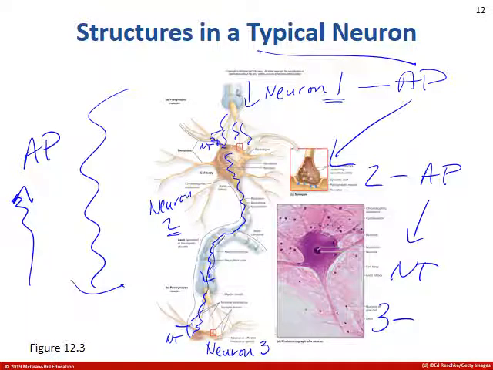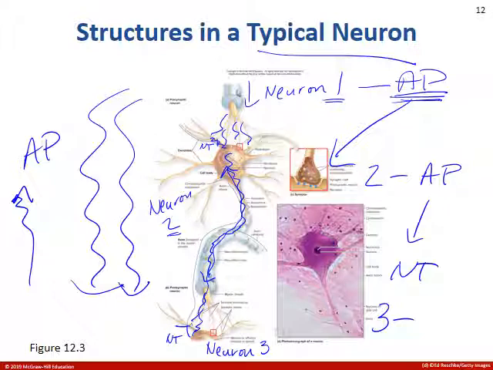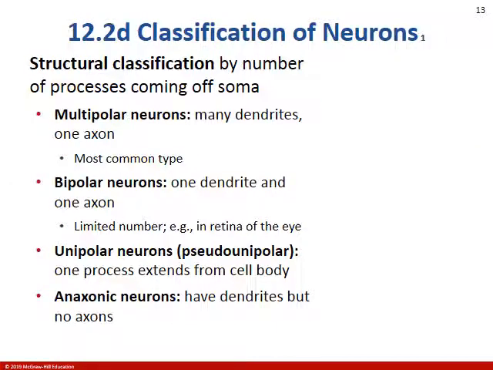Sometimes bacteria and things can travel retrograde or back to the neuron, but when we're talking about electrical signals or action potentials, they're always going to move down from dendrite to soma or cell body to axon terminal to synaptic knob. We move on to talk about the structural classification of individual neurons.